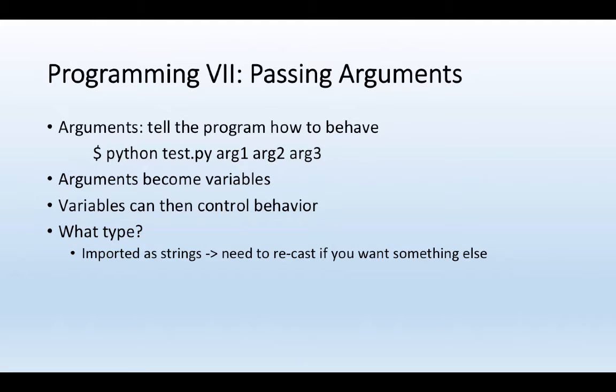These variables are imported or inputted as strings. So if you want to do any kind of multiplication, any kind of usage as an integer, as like an index or something like that, they need to be an integer, a float, or even a Boolean, you'll have to recast these variables to be whatever you'd like them to be.